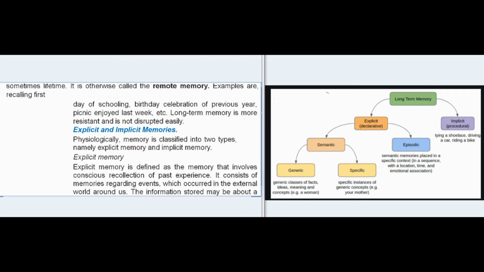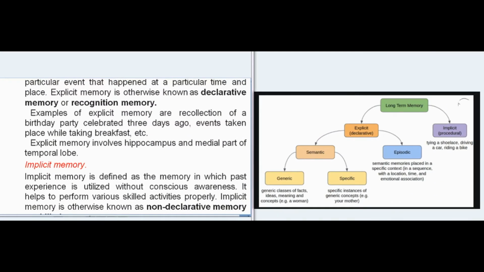The information stored may be about a particular event that happened at a particular time and place. Explicit memory is otherwise known as declarative memory or recognition memory. Examples of explicit memory are recollection of a birthday party celebrated 3 days ago, events taken place while taking breakfast, etc. Explicit memory involves hippocampus and medial part of temporal lobe.